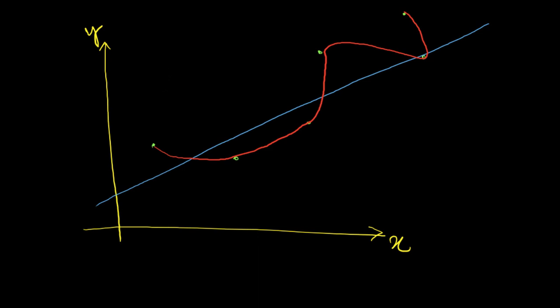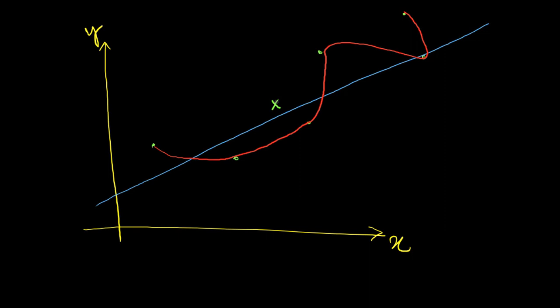And the problem is that if you now have a new data point, let's say over here, then although your wiggly red line was very, very accurate while fitting the training data set, it would miserably fail when it comes to testing over the new data point that you have.